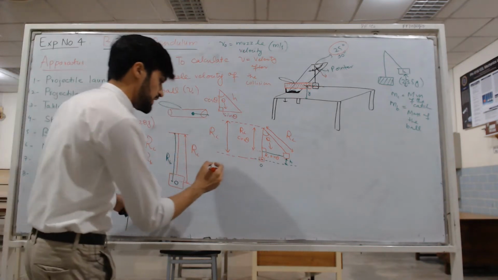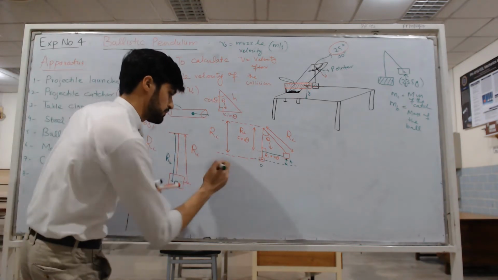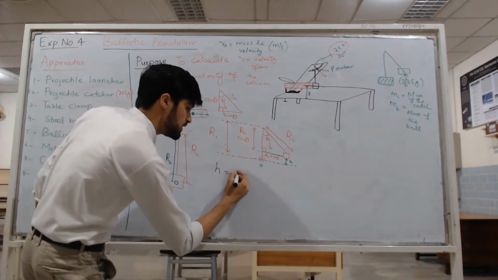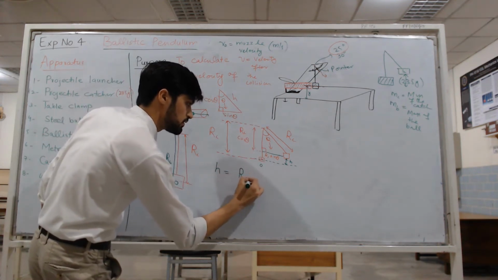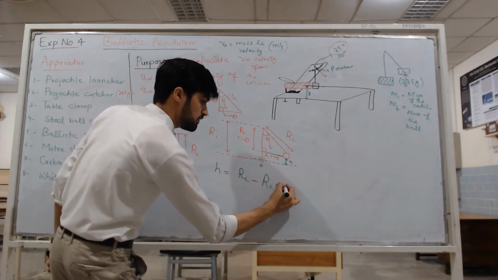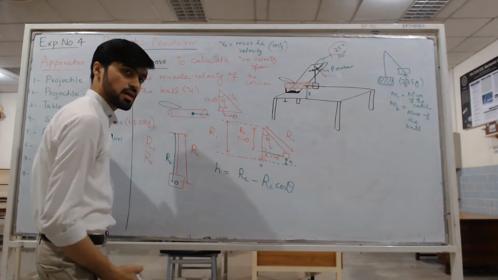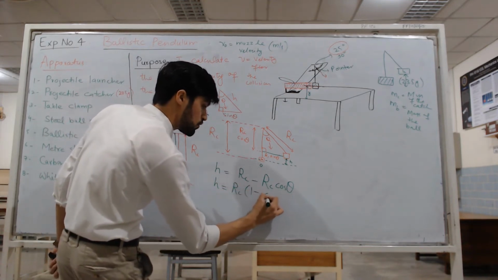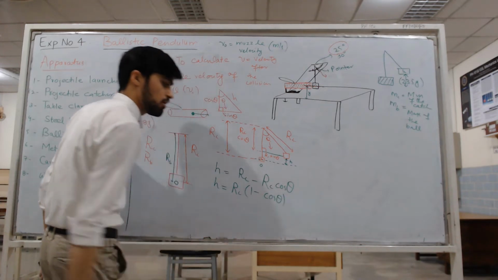We know that this h, the height of the catcher or the pendulum, is equal to RC minus RC cos of theta. So taking RC common, h is equal to RC times (1 minus cos of theta).